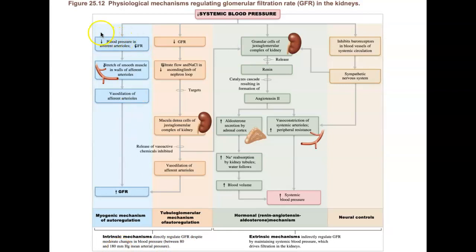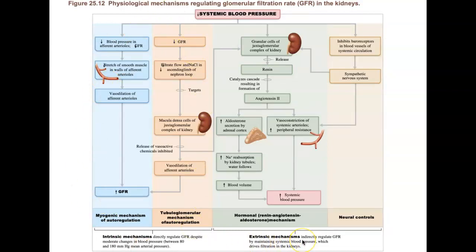If we have a drop in blood pressure in the afferent arterioles, this of course causes a drop in GFR. As a result, you have the stretching. These are myogenic mechanisms: stretching of smooth muscles in the walls of the afferent arterioles, which causes vasodilation, and this causes an increase in GFR. And then here you have the tubuloglomerular mechanisms of autoregulation. These again are all intrinsic to the kidneys.